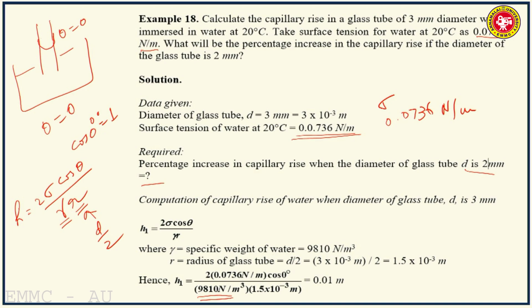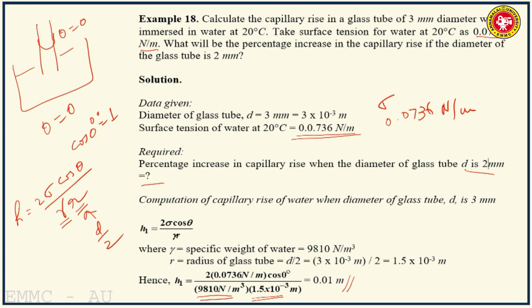Then cos 0, where theta is the angle of contact, which is 0 degrees in this case. Gamma is the specific weight of water, and the radius for a 3 millimeter diameter glass tube is 1.5 multiplied by 10 power minus 3 meter. We get the capillary rise as 0.01 meter.